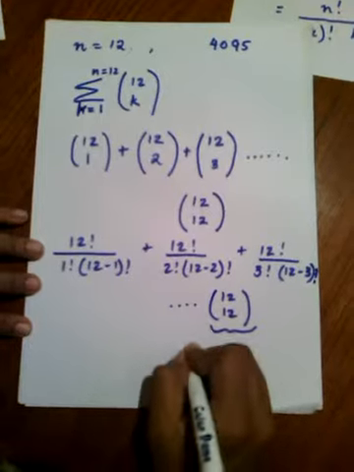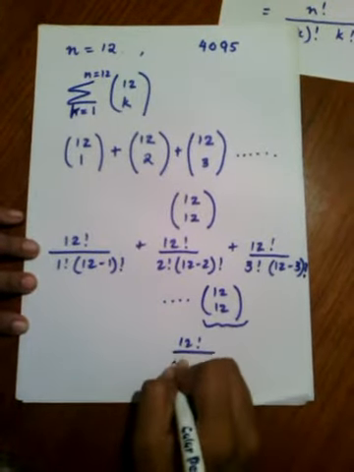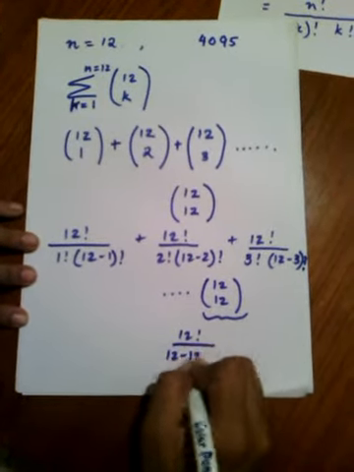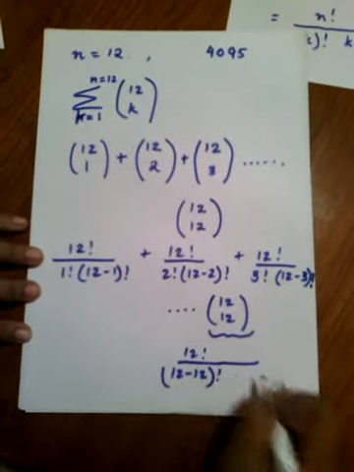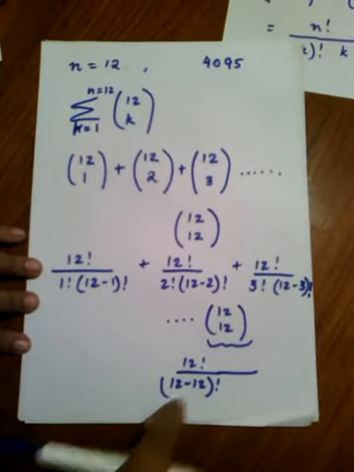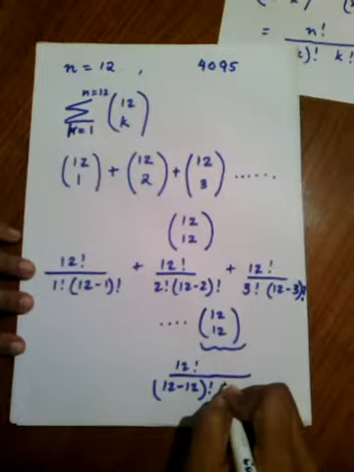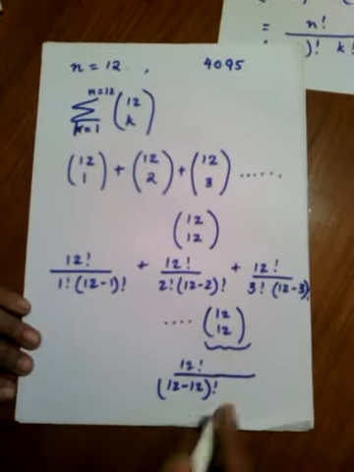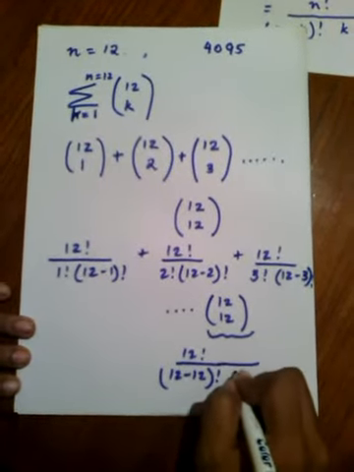That's just 1, right? Because factorial 12 divided by factorial 12 times factorial 12 minus 12, and funnily enough, that's factorial 0, which by definition is 1 for a simple reason, but we won't prove it now.